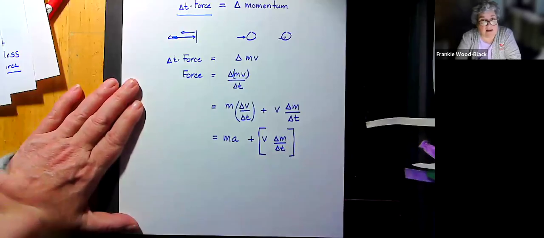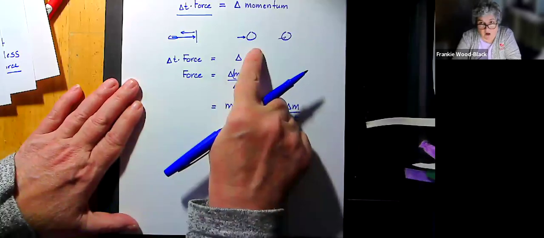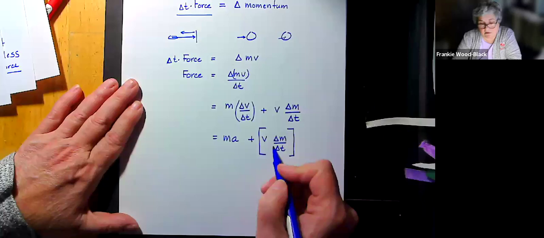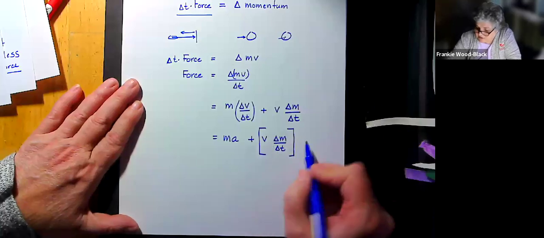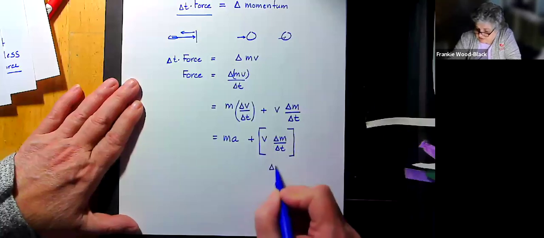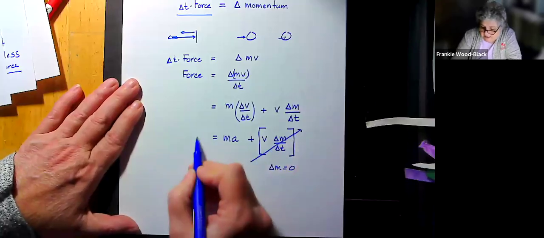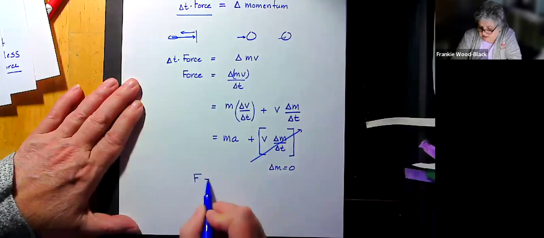And why? The idea is why? Well, if I'm dealing with balls or hockey pucks, there's no change in mass. So if my change in mass is equal to 0, this term goes away, and now I get F is equal to the mass times my acceleration.